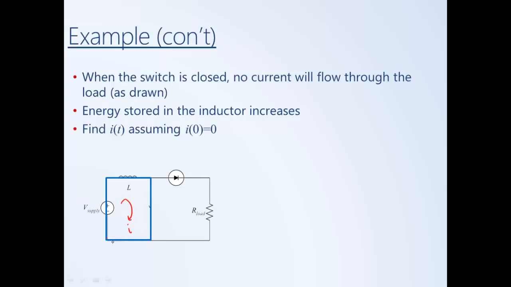If I start at this point in the circuit, as I go around the loop in the direction that I've drawn, I first come across the supply, which causes an increase in voltage by the amount V supply.